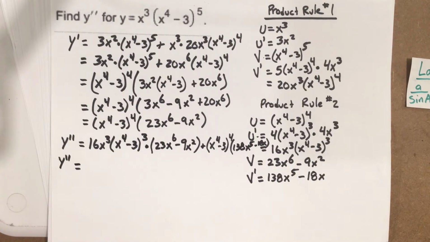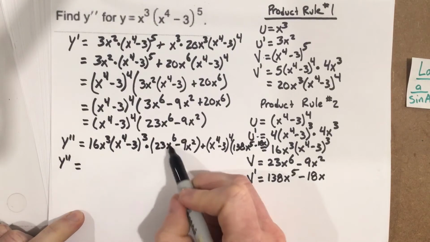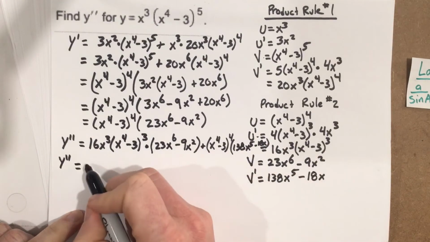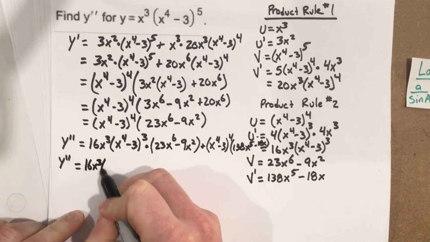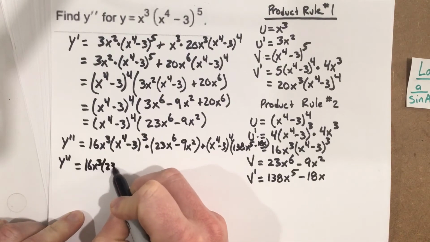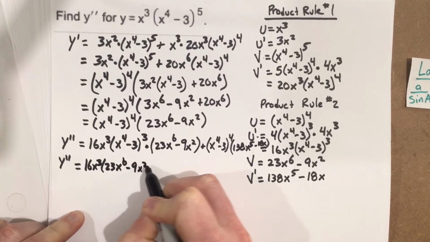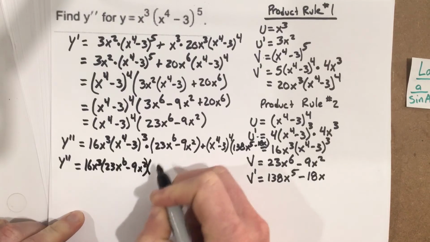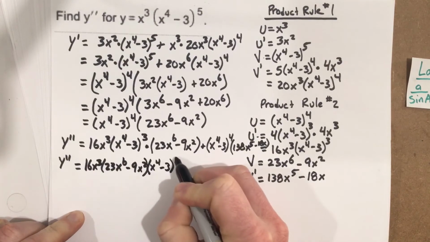Let's see. Well, we can multiply the 16x cubed to each of these terms if we rewrite this. So let's go ahead and do that. We're going to do 16x cubed, and I'm going to rearrange this so it's (23x to the 6th minus 9x squared) times (x to the 4th minus 3) cubed.